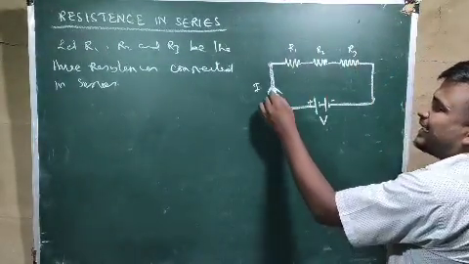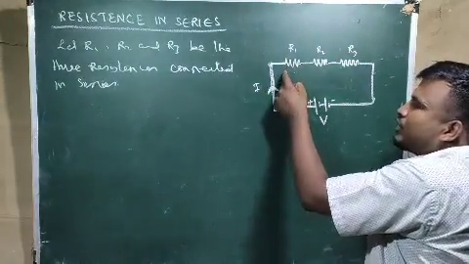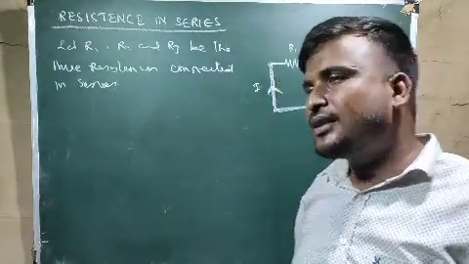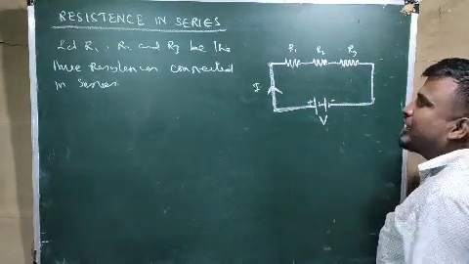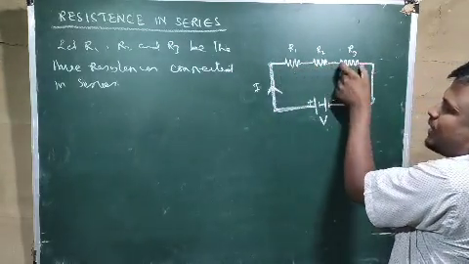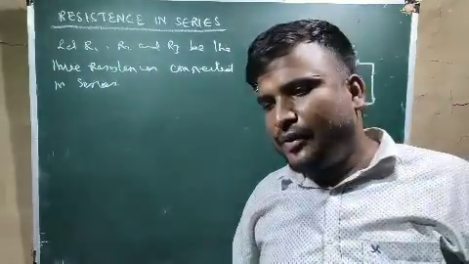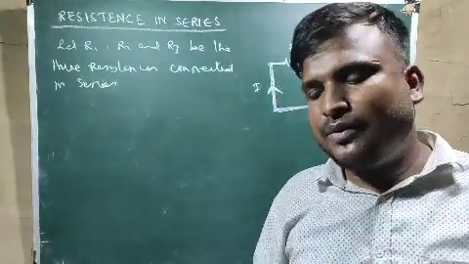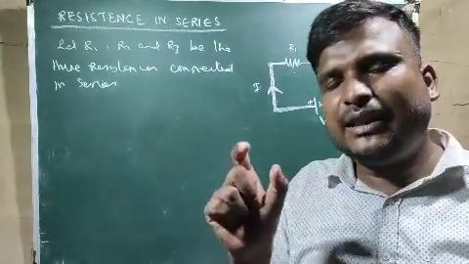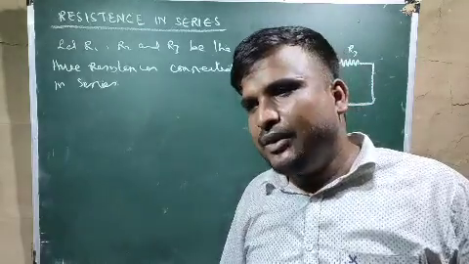Similarly, whatever current passes through this electrical circuit, this I amount of current will also pass through R1, R2 and R3. Through all of them the same amount of current will pass. But the potential difference will be divided, because the potential difference between any two different points along a circuit will be different.